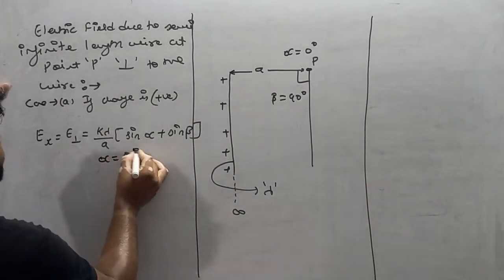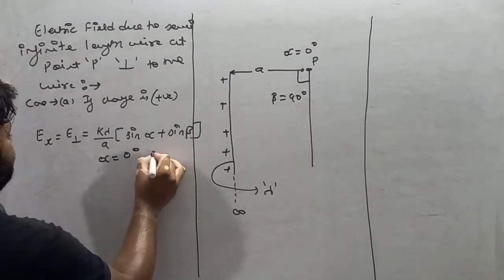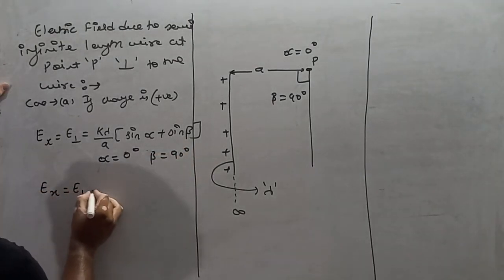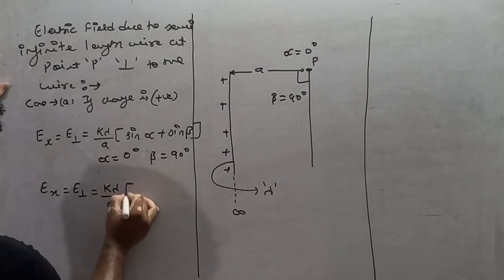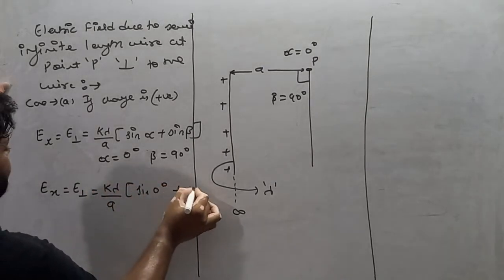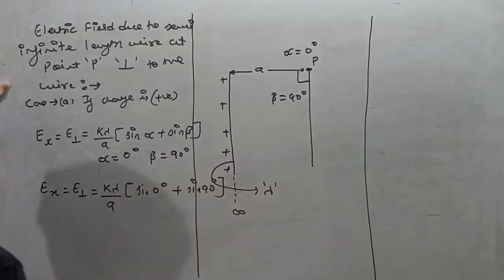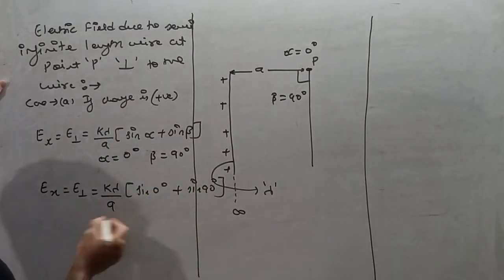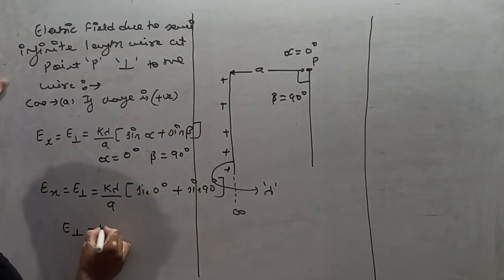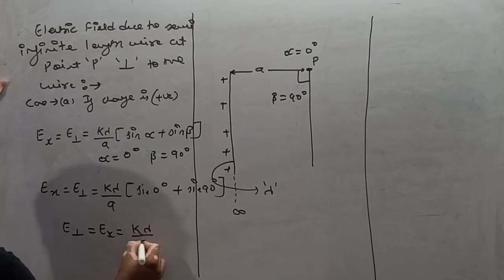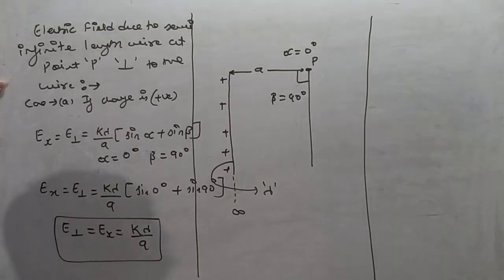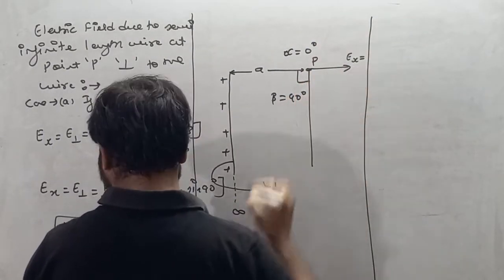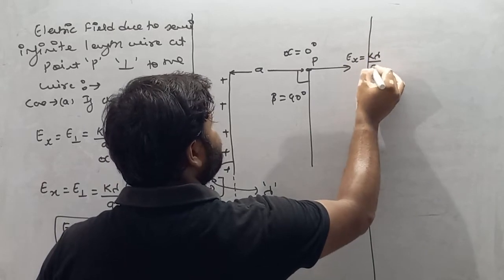So Ex, also called E perpendicular, is k lambda by A (sin 0 plus sin 90). We know that sin 0 is 0 and sin 90 is 1. So 0 plus 1 is 1. So E perpendicular, which is also called Ex, will be k lambda by A. This is the value of electric field along x-axis due to semi-infinite length wire.